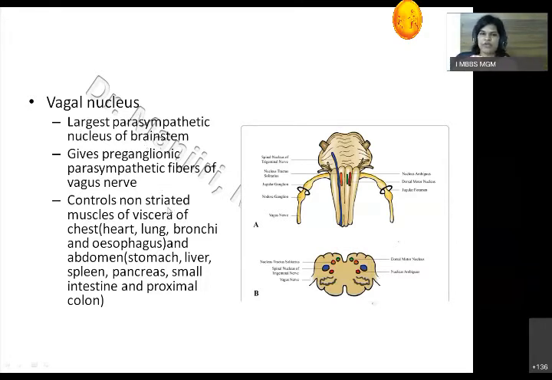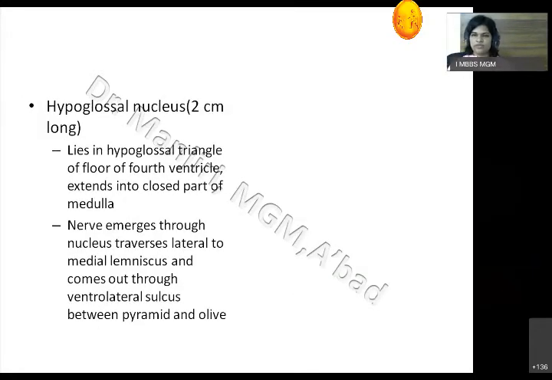Obviously, it gives preganglionic fibers and it supplies the viscera in the chest and the abdomen. So most of the viscera is supplied by the vagal nerve. The hypoglossal nucleus is 2 centimeters long and it's present in the floor of the fourth ventricle along with the vagal nucleus, and its nerve emerges through the ventrolateral surface, which we have already seen.